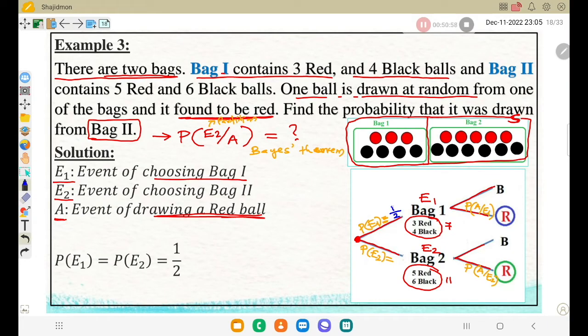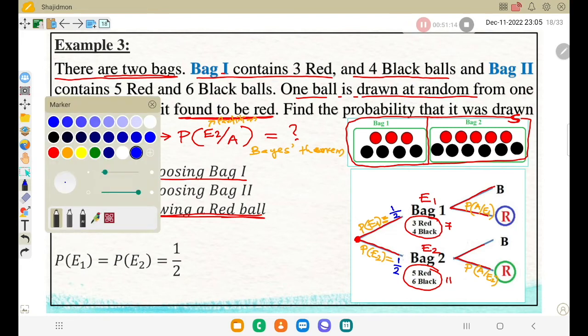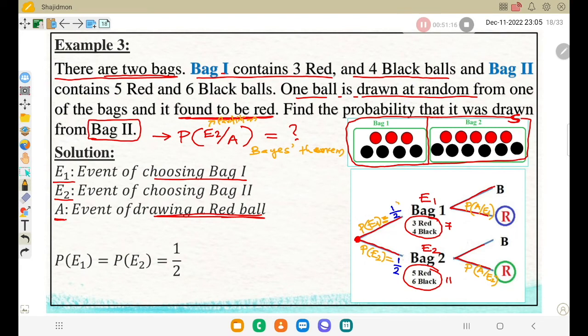Same way, the probability of E2, choosing bag number 2, is 1 divided by 2, because we have only 2 bags and selecting 1 bag means half probability. So half plus half is 1 in total. Probability should be 1.